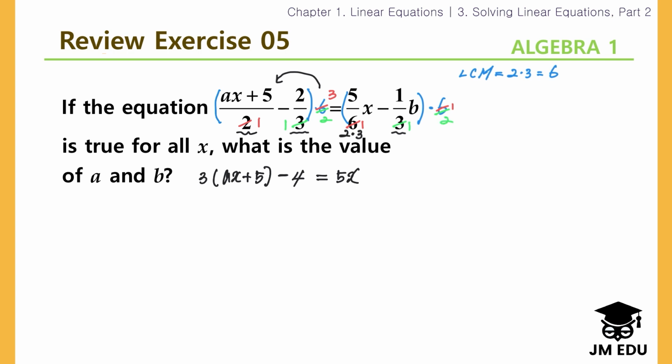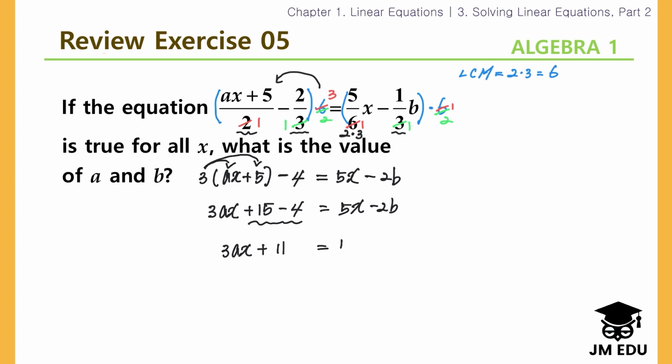So 2 times minus 1b, that's minus 2b, right? Okay, left-hand side, we have a parenthesis, so we have to remove that. So 3 times ax, that's 3ax, plus 3 times 5, that's plus 15, minus 4 is equal to 5x, minus 2b, right? These are constants. We can simplify this. So 3ax plus 11 is equal to 5x minus 2b.